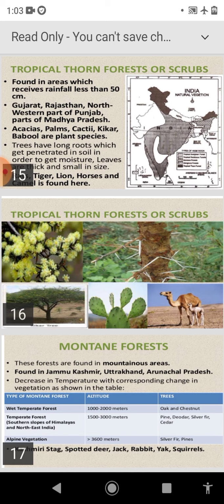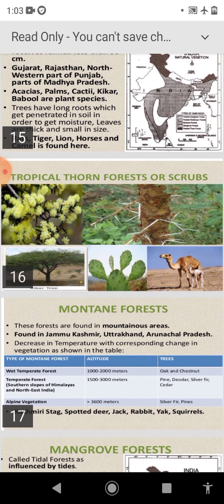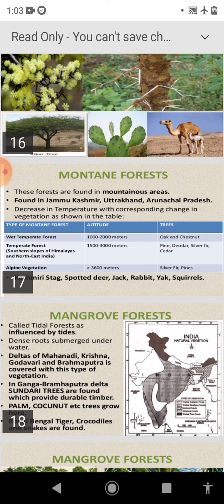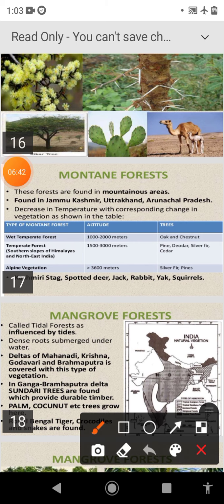Rajasthan, Gujarat, parts of Punjab, Haryana, and dry parts of Madhya Pradesh and the Deccan Plateau, along with the rain shadow areas, have this type of vegetation. Important animals in the thorn forests are rats, mice, rabbits, fox, wolf, tiger, lion, wild ass, horses, and camels. After that, we'll discuss about mountain forests.